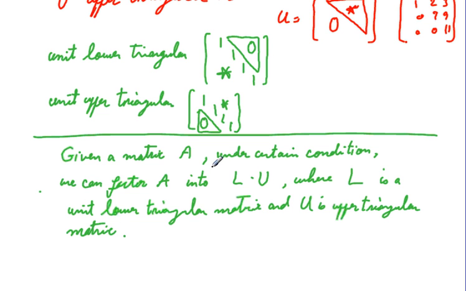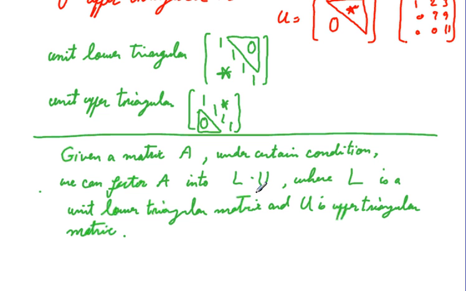Now you might come across a similar type of statement in some other book or course where they force both L and U to have ones on the diagonal, and they put all the non-unit entries into a third matrix. So instead of L times U, they have L times a diagonal times U, and they break it up into three matrices.